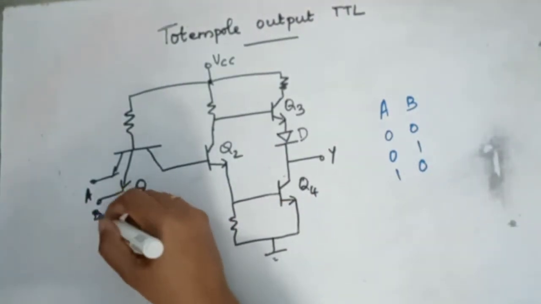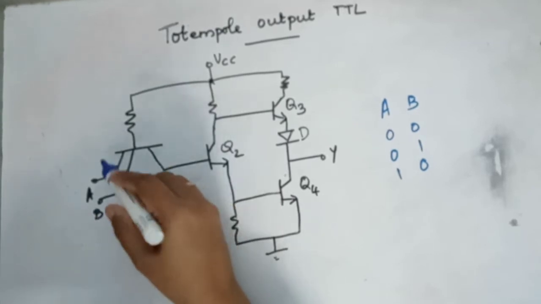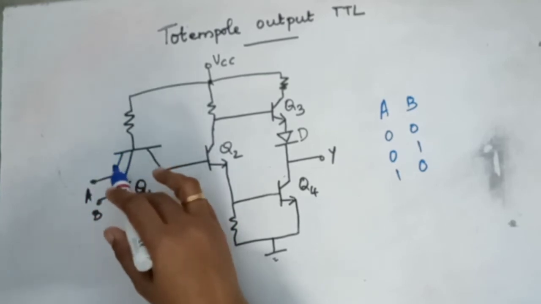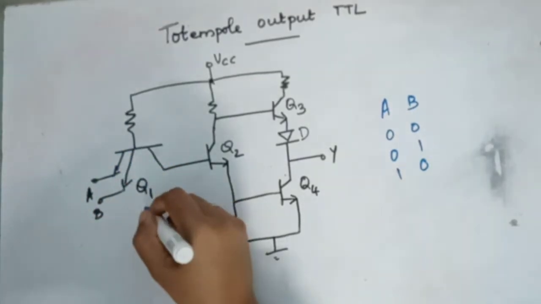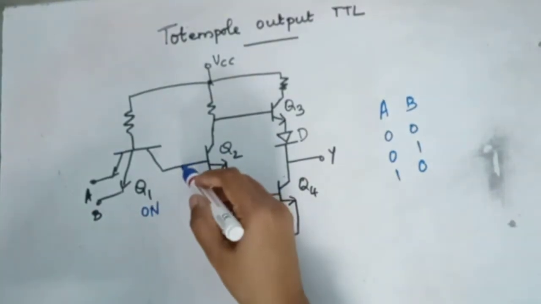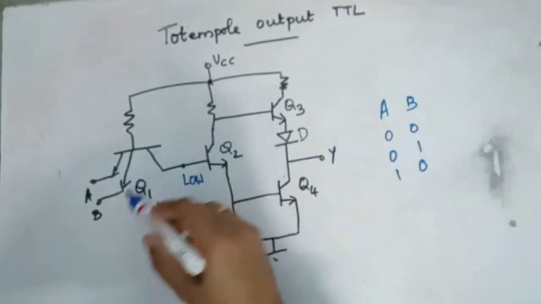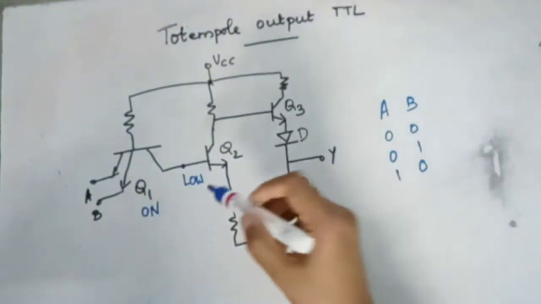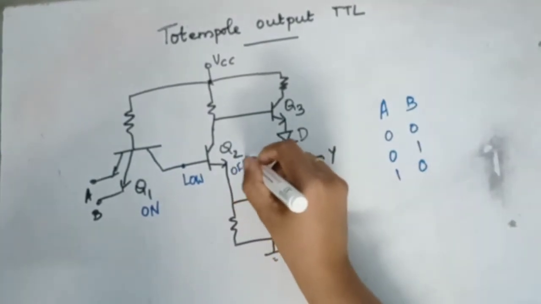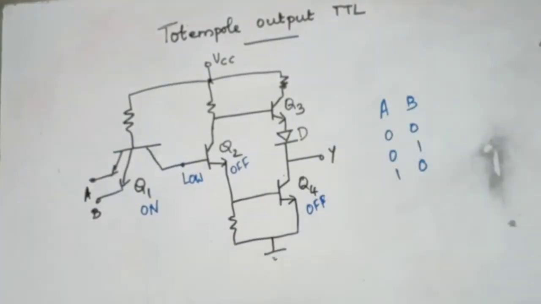If either one of the inputs is 0, one of the base emitter junctions will be forward biased. Base emitter junction is forward biased means Q1 is on. Q1 is on means the collector will have a low. This is a closed switch. Low means Q2 and Q4 will be off. So this is what we told before.